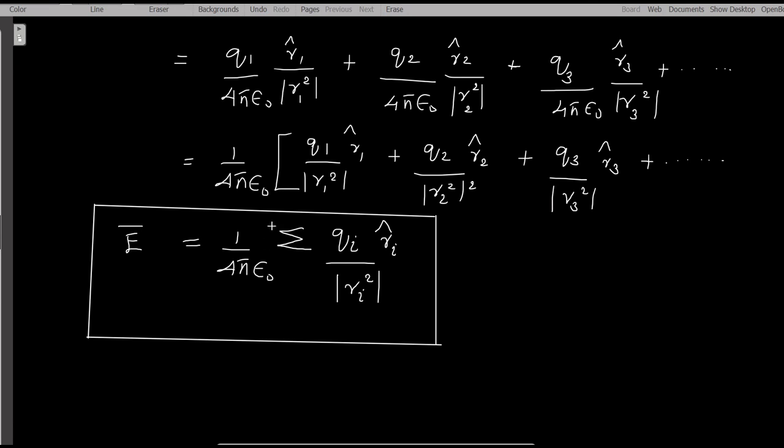So if you want, we can represent the i value also. i can have values starting from 1 to n.